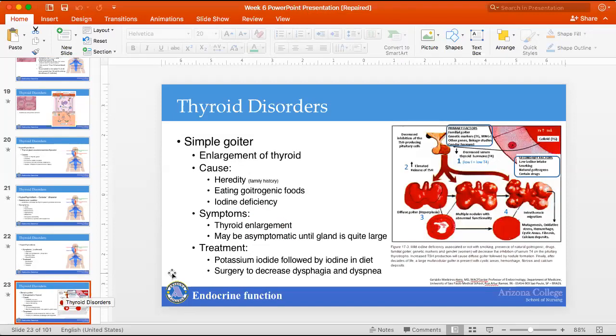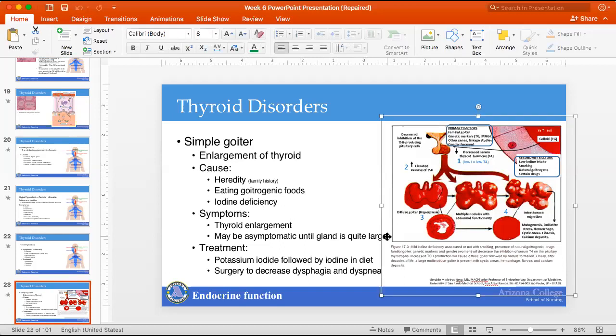A simple goiter, which is that enlargement of the thyroid. Remember, the cause could be hereditary, eating goitrogenic foods, and iodine deficiency. Symptoms: thyroid enlargement, may be asymptomatic until the gland is quite large.